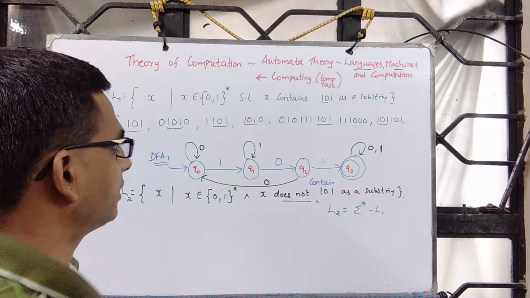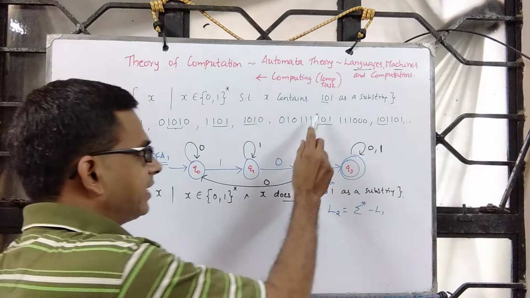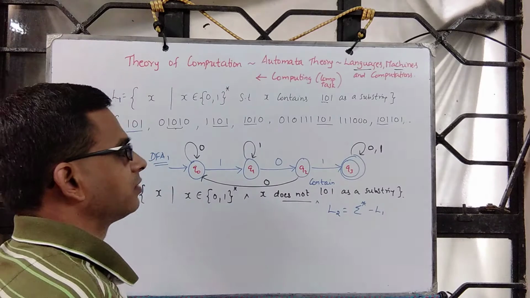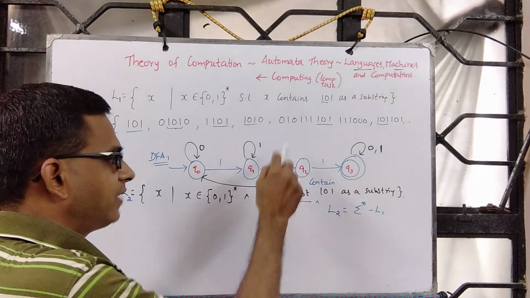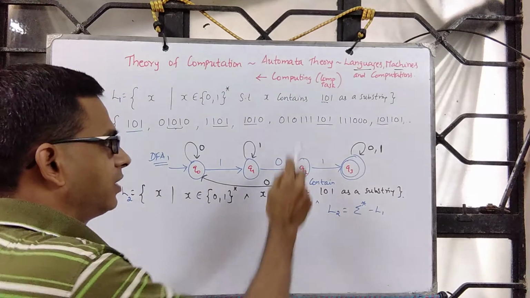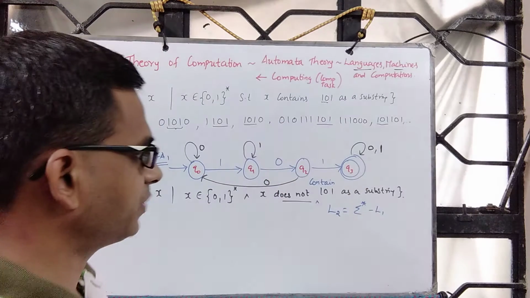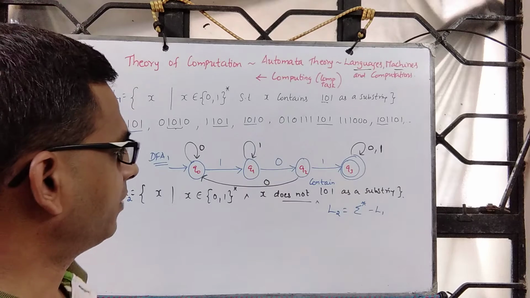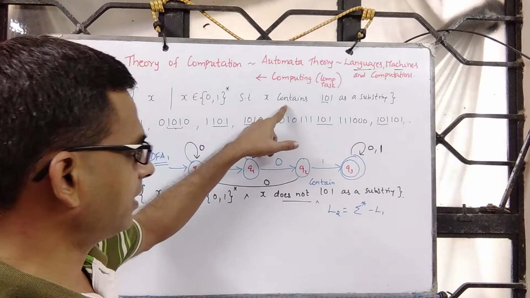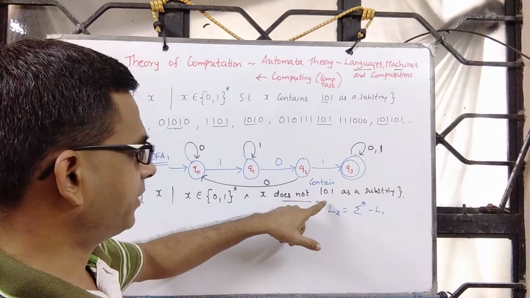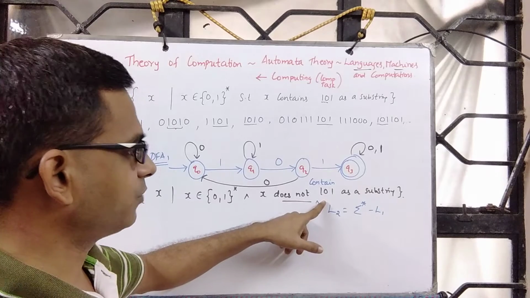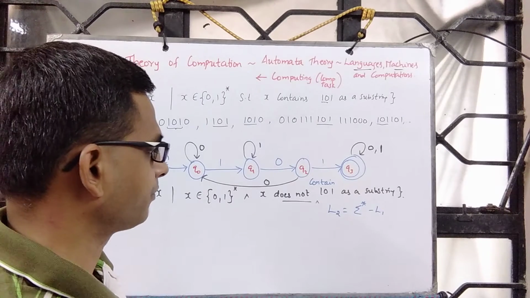So remember, the strings that are rejected by this automaton will have this property. The one that is accepted by this automaton has a property that it contains 101 as a substring. The ones that are rejected by this automaton have the property that they do not contain 101 as a substring.